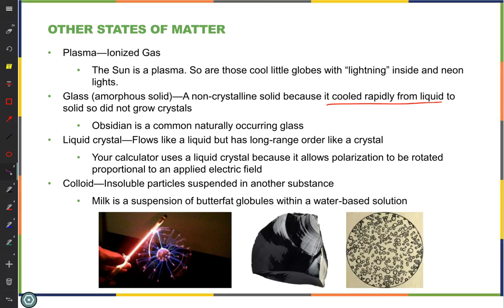And then you have a water-based solution that is dissolved in. And the color of milk, that white color, is because of scattering off of those little butterfat globules. It's the same reason that clouds look white. So those are 4 additional states of matter.